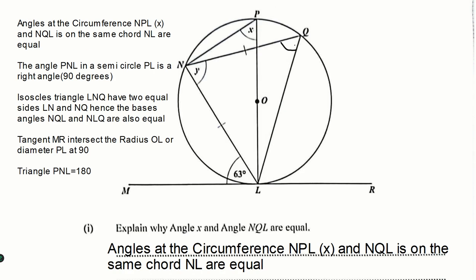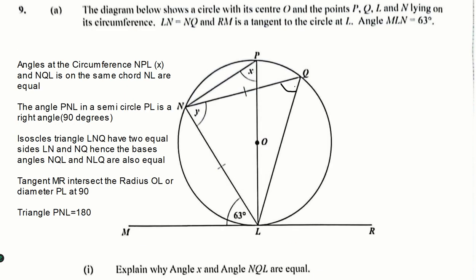They want angle X. First off, let's write out a few things. We know that from here to here is 90, so this angle here would be 90 minus 63, so it's 27. We also know that this angle here is 90 degrees.